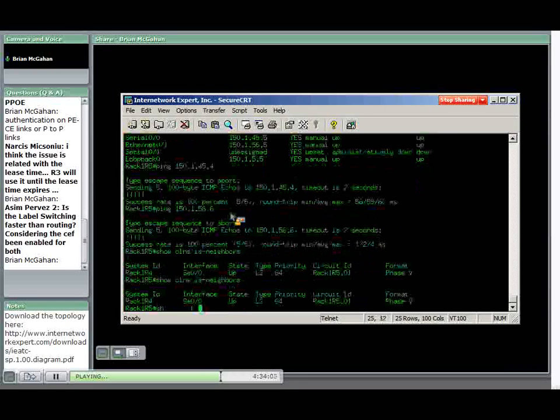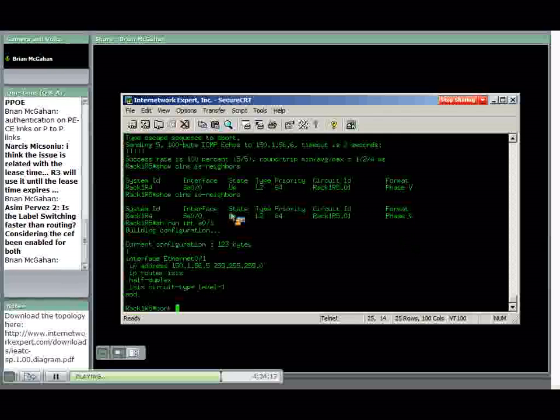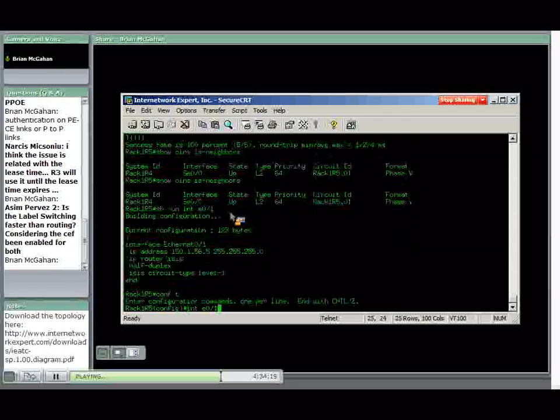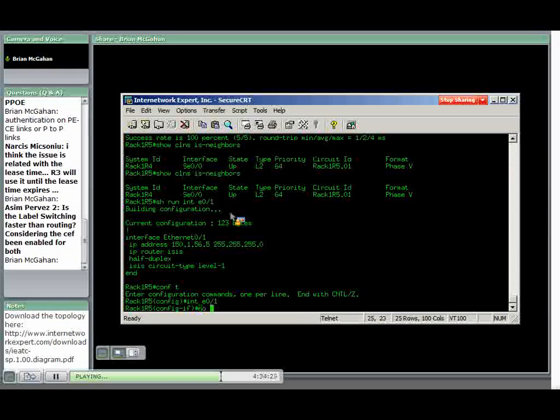Okay, so now if we look at the show CLNS IS-neighbors output from router 5, we should see a level 2 adjacency with both router 4 and router 6, which we don't.